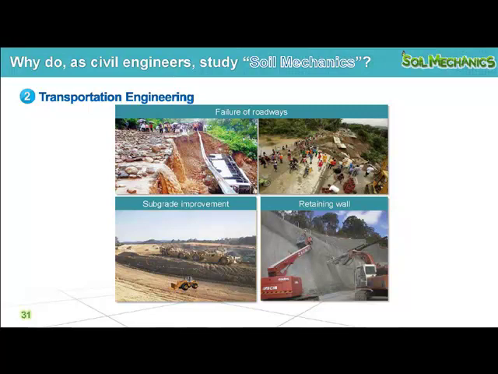So you can prevent the failure of the roadway due to water flowing through the soil. We can also improve, upgrade like here, improve by compaction or mix with another material like lime, cement or something to improve the bearing capacity of the soil.